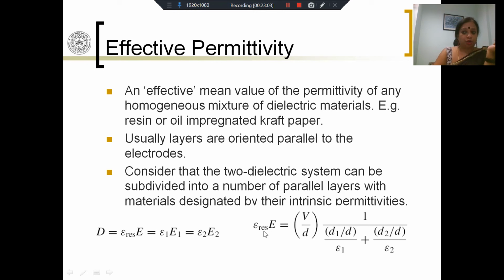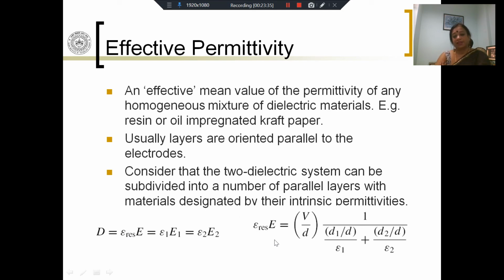So for the two dielectric system, I can write D is equal to epsilon res E, epsilon resultant being a fictitious permittivity, which is the ratio between the flux density and the average field intensity within this composite material, and this will be equal to the flux density in every layer, provided there is no free charge at the interfaces of these layers. So D is equal to epsilon 1 E1 equal to epsilon 2 E2.